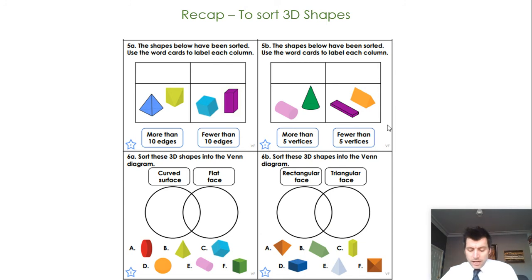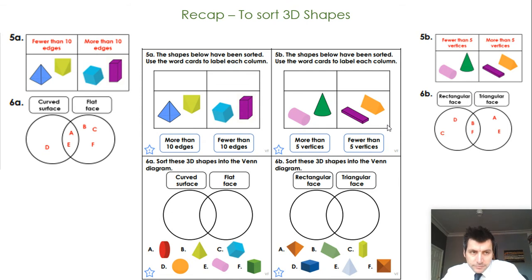Have a look now at these couple of worksheets. Pause whilst you look at this first one, please, and try and solve 5A, 5B, 6A, and 6B. Okay, looking at these then, we can see that we've got to do some sorting for 5A and 5B.